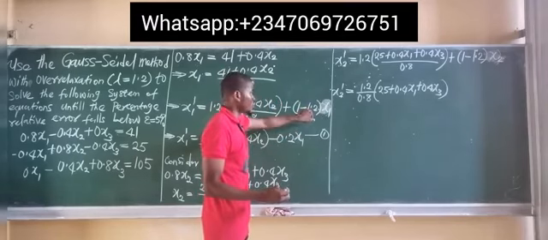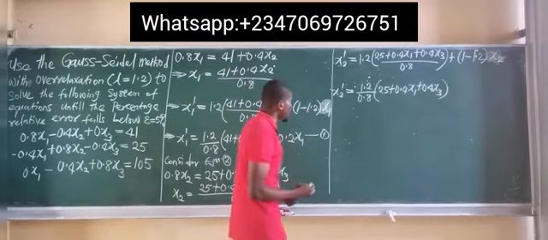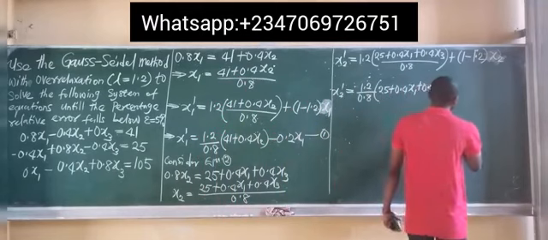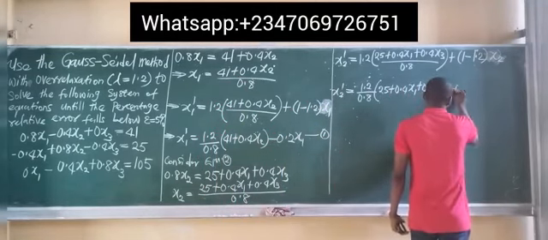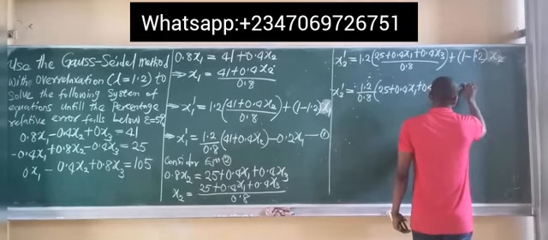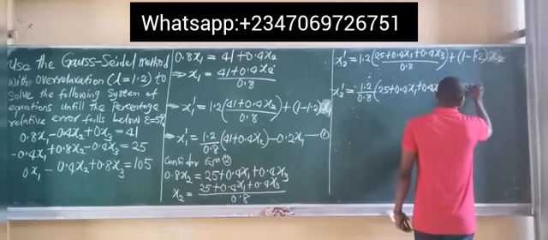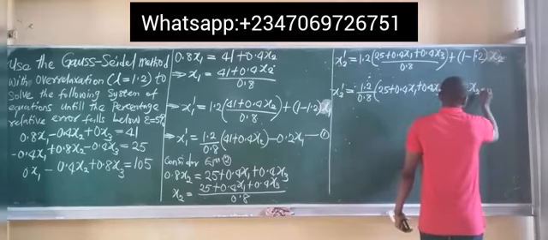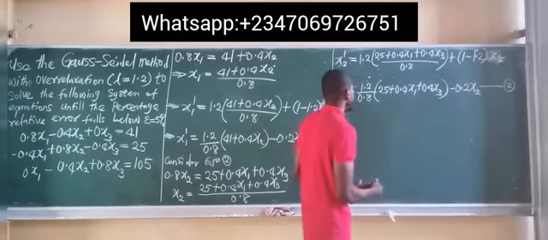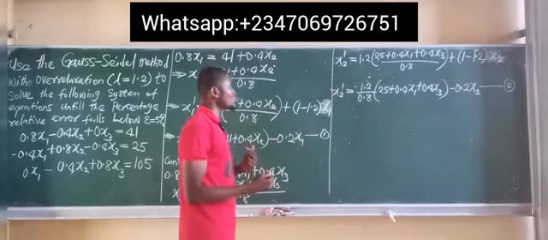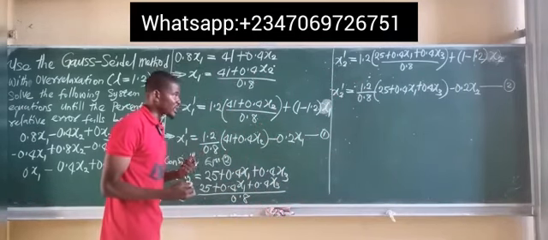The x1 is not attached to 1.2. Please take note of that. So 1 minus 1.2, of course, is minus 0.2 x2. So call this equation 2. This becomes the variable which we are going to iterate for the second equation, x2.